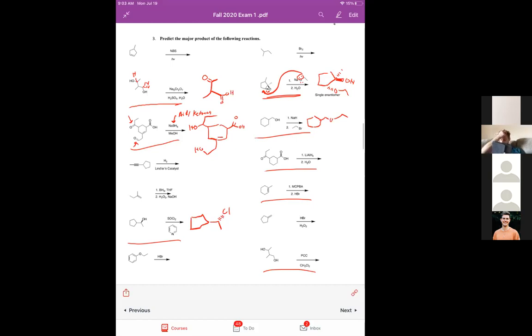We've got our strong reducing agent on this with LAH here. So this will reduce both the ketone and the carboxylic acid now. MCPBA will make this into an epoxide. HBr will open on our more substituted end.